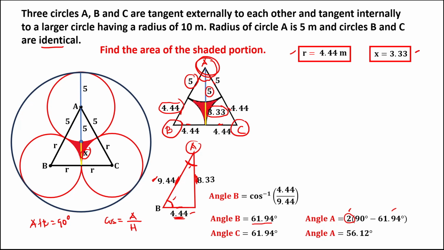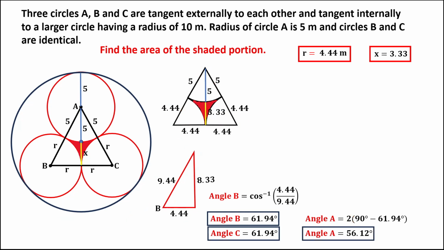So we now have the three angles: angle B, angle C, and angle A. So we can solve the area of this triangle. To find the area of this triangle, we can use the product of two sides times the sine of the included angle.